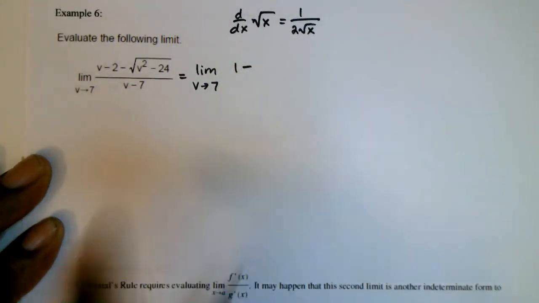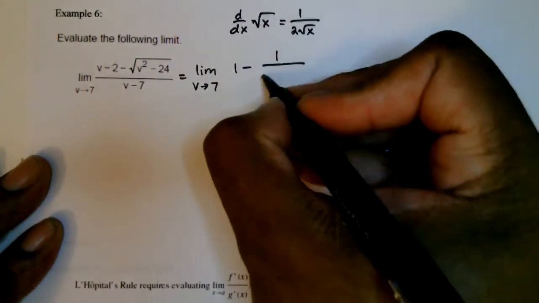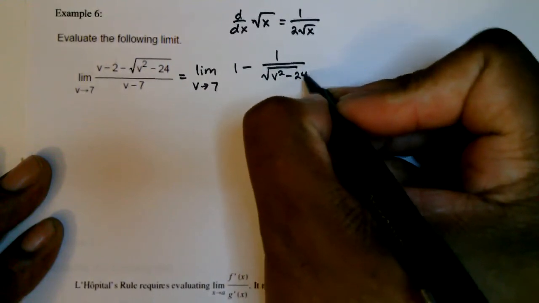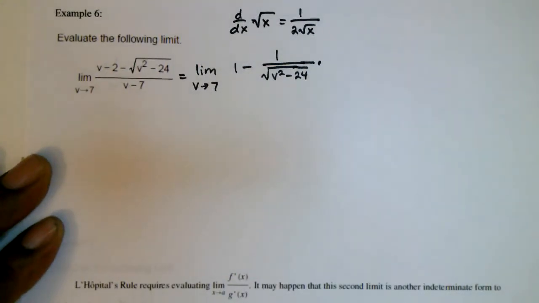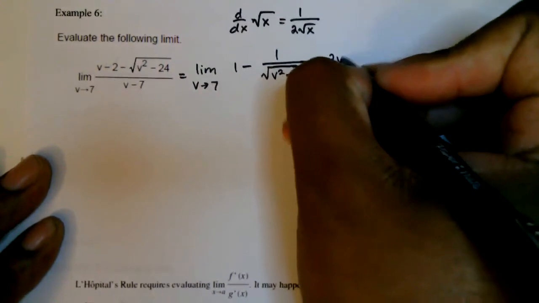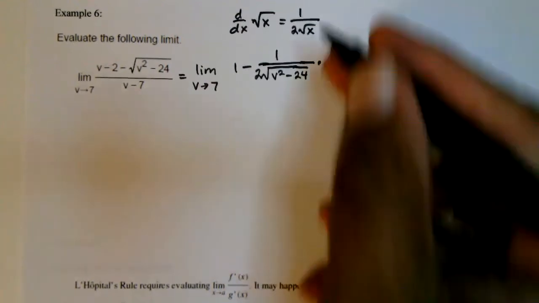So I'm going to apply that to this derivative here. But I have to apply the chain rule by taking the derivative of v squared minus 24, which will end up being 2v.